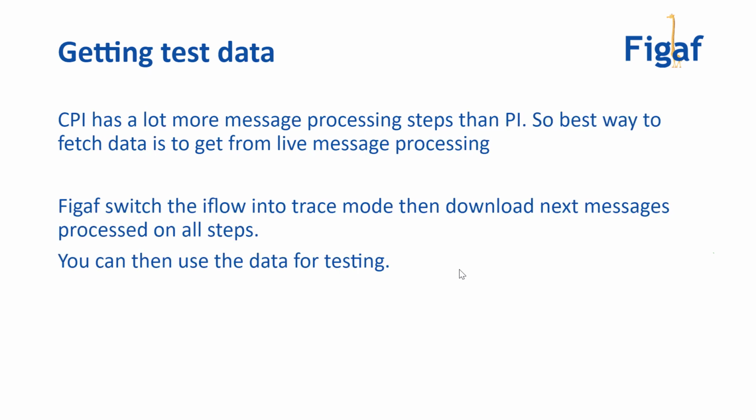The way we're doing testing in the CPI world is a little different from the PI world. The idea is that we switch the iFlow into trace mode. You can send a number of messages into it. Once you have processed these messages, we can download them and start using those as test cases.